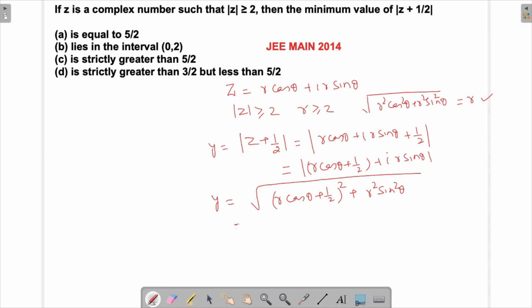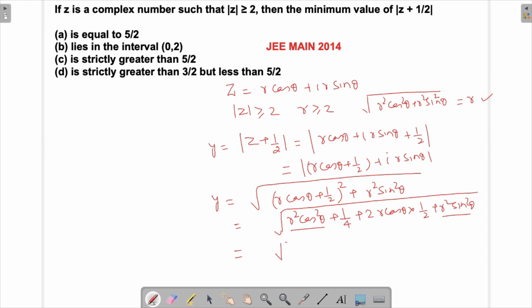Now this will become r square cos square theta plus 1 by 4 plus 2 times r cos theta into half, and then there will be r square sin square theta, right? Now I can take r square common from r square cos square theta and r square sin square theta, and sin square theta plus cos square theta will be 1.